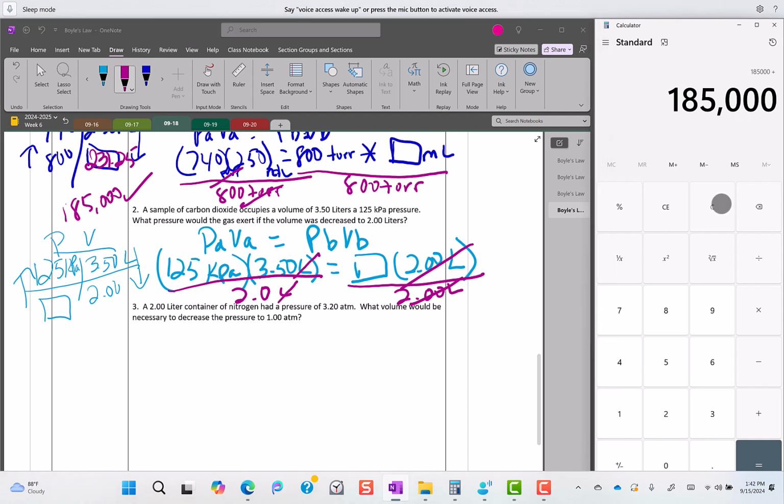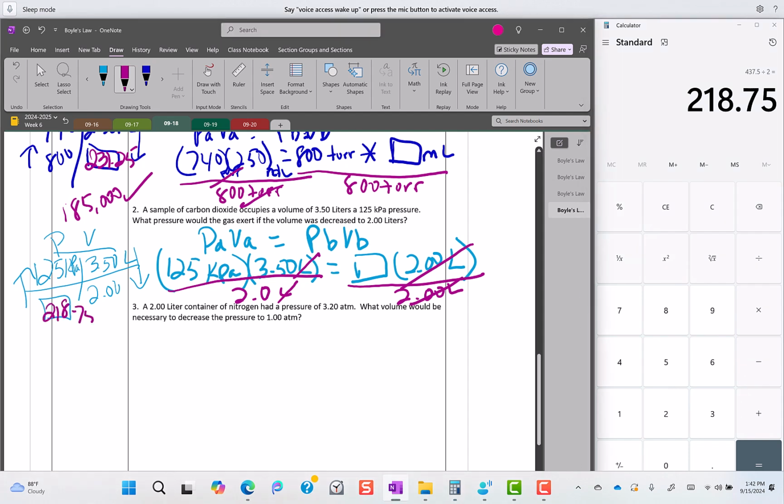Right. We'll have our calculator here. 125 times 3.50 equals 437.5, and then we're going to divide it by 2.0. So 218.75. We want to make sure that both of those check.